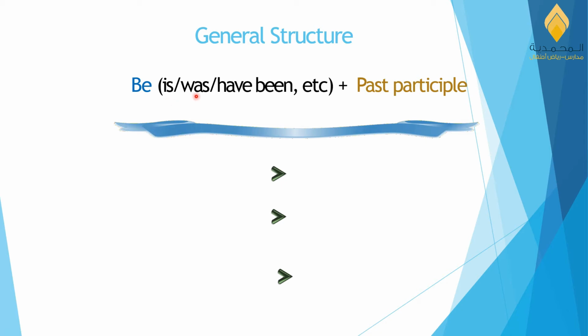If we're talking about past simple, we're going to use was or were. If we're talking about present perfect, we could use have been, and so on, plus the past participle. The past participle in this case is for the main verb of the sentence, the verb that usually gives you the action of the sentence. Let's have a look at one of the examples.